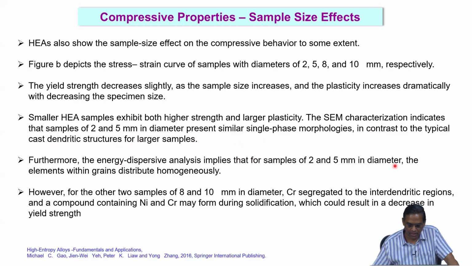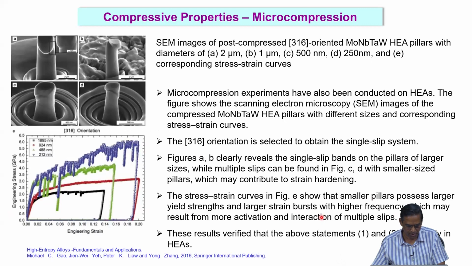EDS analysis implies that in the samples of 2 and 5 mm in diameter, the elements within the grains distribute homogeneously. This is another important idea. On the other hand, in the samples with 8 and 10 mm in diameter, chromium segregated to the interdendritic region, and a compound containing nickel and chromium may form during solidification, which could result in a decrease in the yield strength. So, size effect is also very important in the compression properties of high entropy alloy systems.